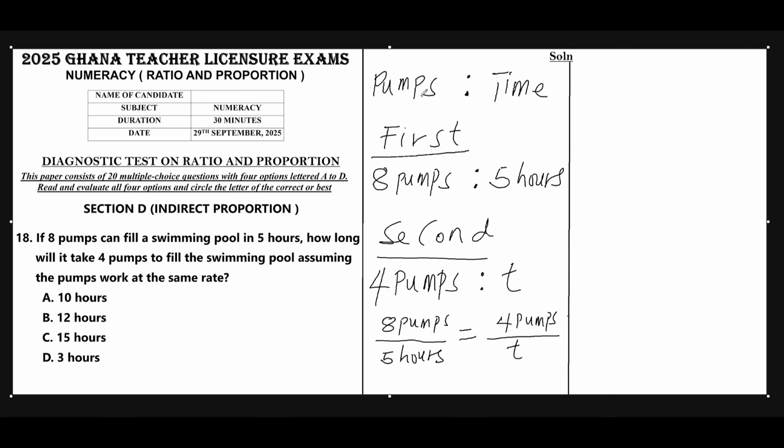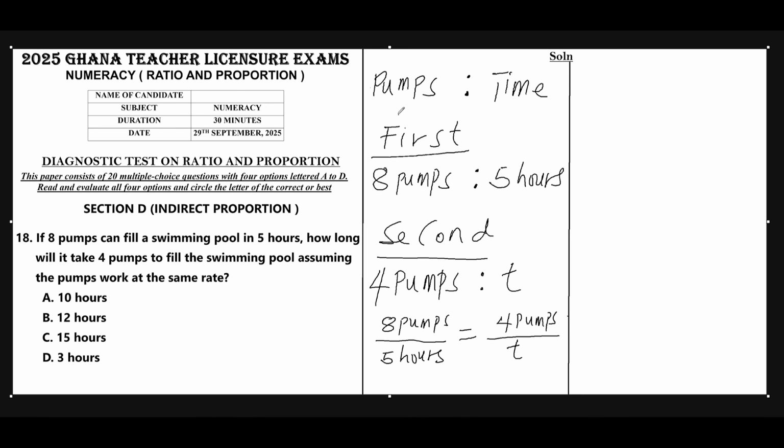So there is no bias. So in a situation whereby we increase the number of pumps, what happens to the time? We'll see that it will take less time to fill the swimming pool. On the other hand, when we use fewer number of pumps, we'll see that it will take a longer period of time to fill the swimming pool.